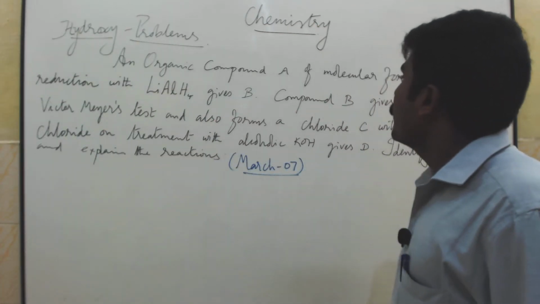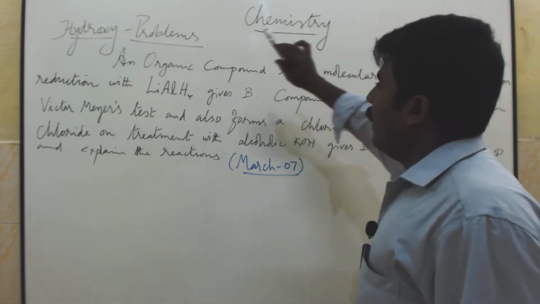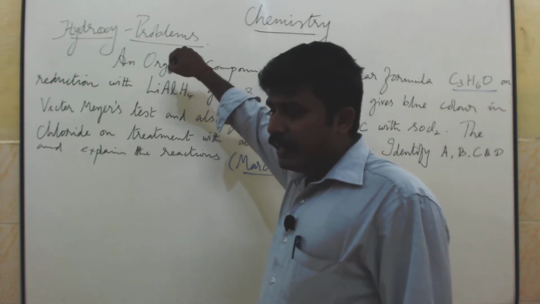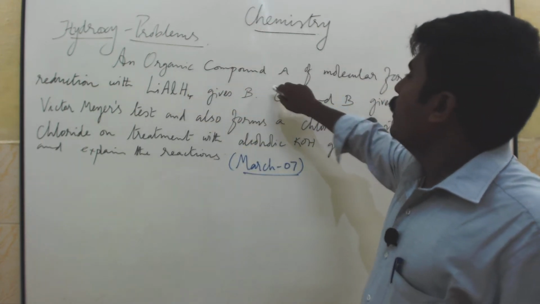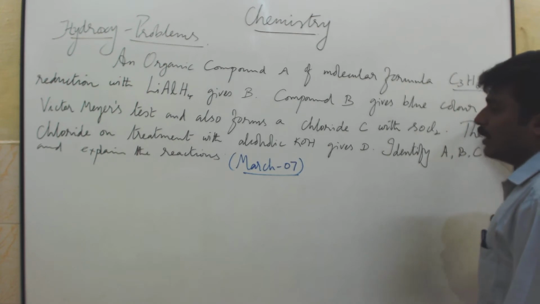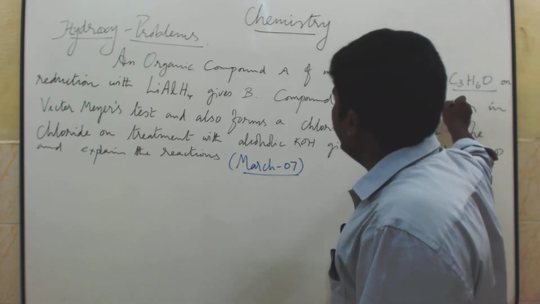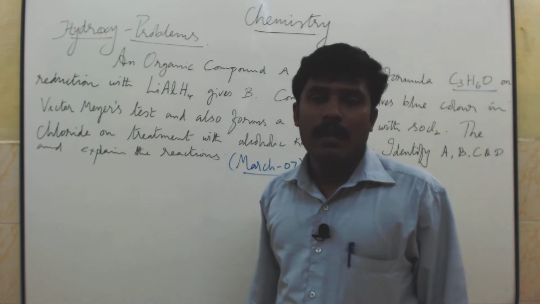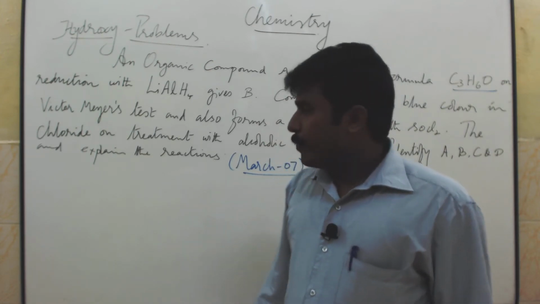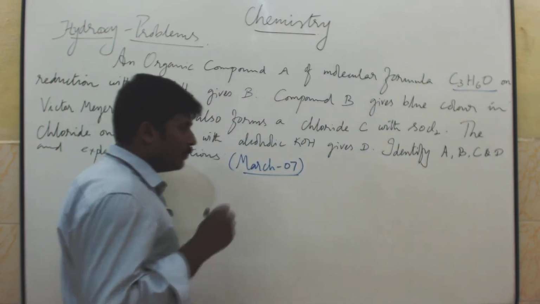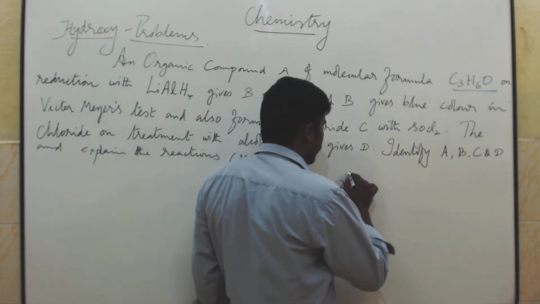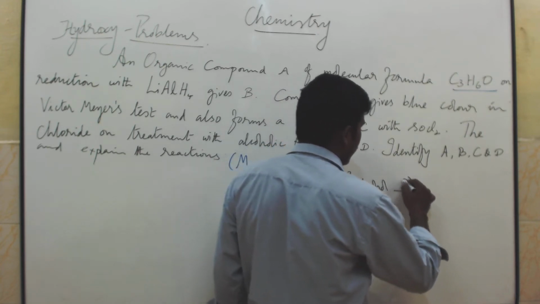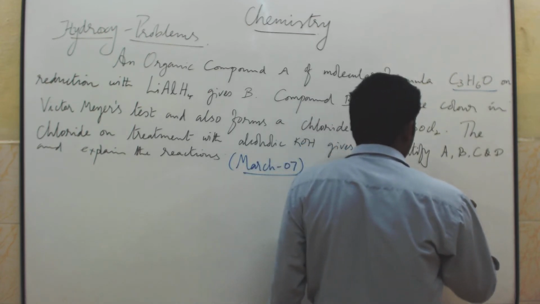Okay, so A undergoes a reduction reaction in the presence of lithium aluminum hydride to give B. From the given hint, we identified B is a secondary alcohol, nothing but isopropyl alcohol. If a secondary alcohol undergoes an oxidation reaction, what's the product?